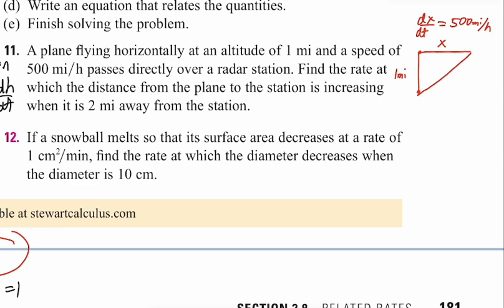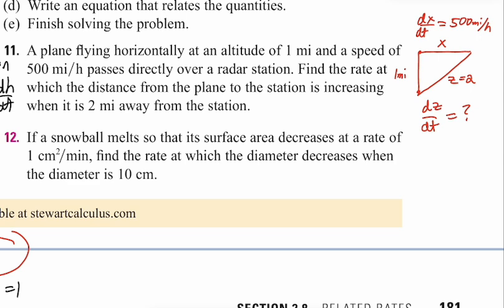Find the rate at which the distance from the plane to the station, so that's this right here, is increasing when it is 2 miles away from the station. So if z is 2, that would be your equation, okay?